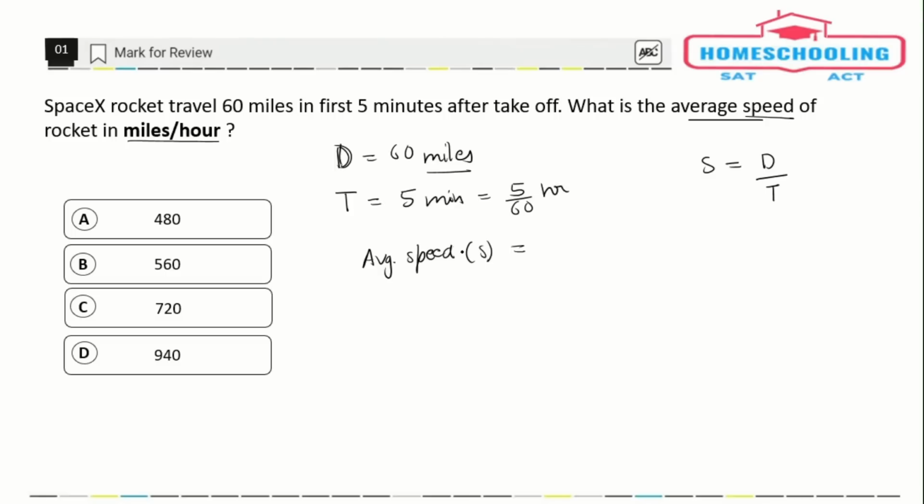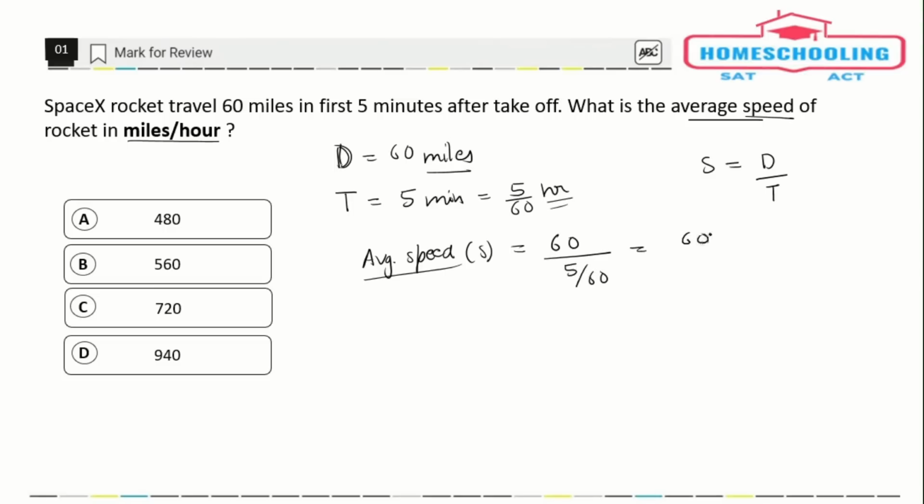Now to find average speed, speed is equal to distance upon time. The distance is 60, upon time. We have converted the time into hours because the average speed is in miles per hour, so we write 5 divided by 60.